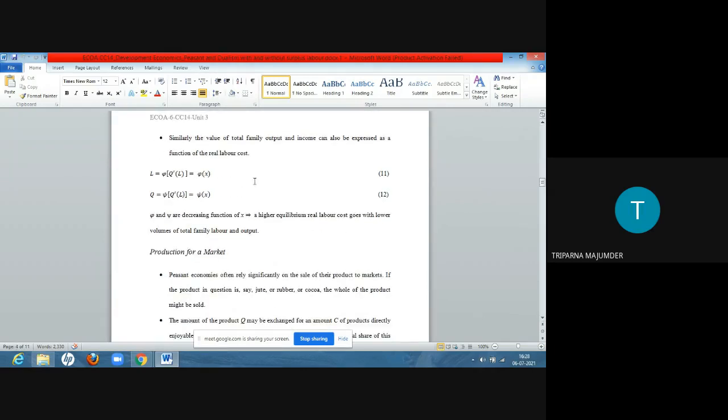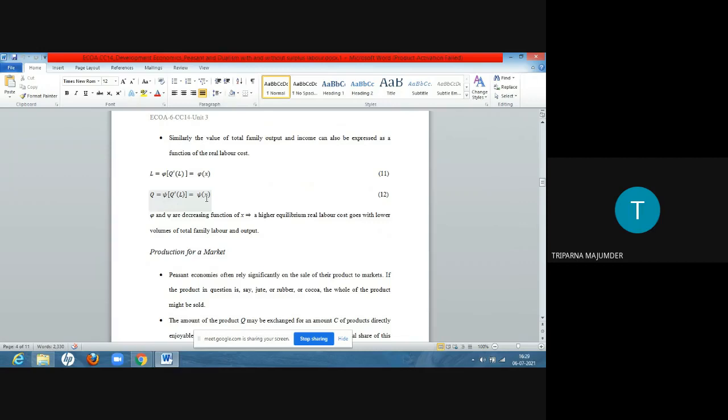We are saying that L is equal to a phi function of marginal product of labor, which is in turn equal to the real cost of labor x. So L is a phi function of x. Now similarly, Q is a psi function of x.